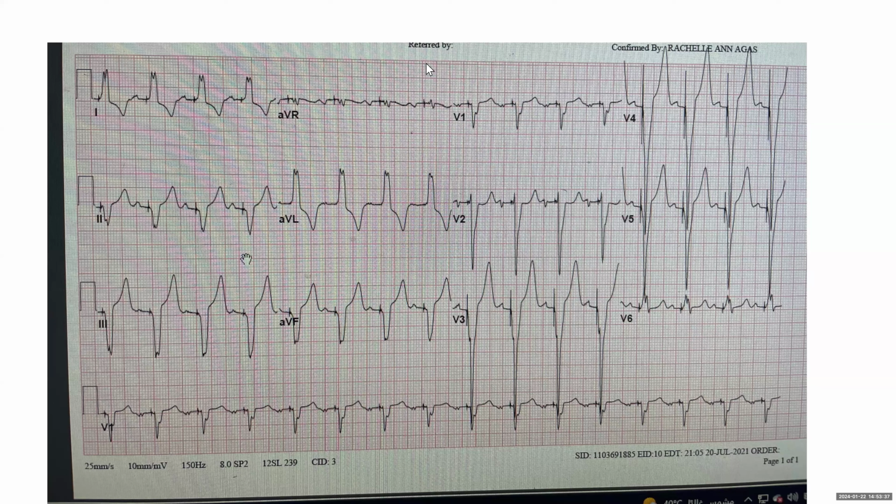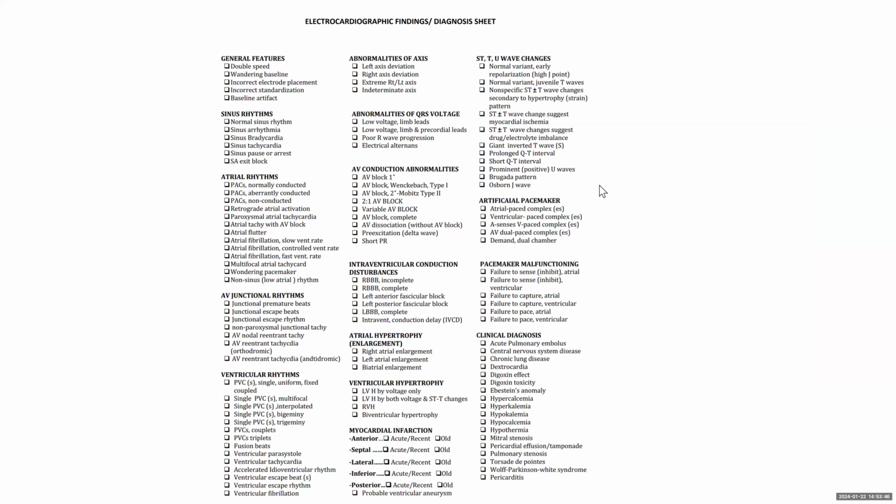I'm just going to show you the coding just for the pacemaker. You have A-sensed V-paced. This is probably the most accurate one.